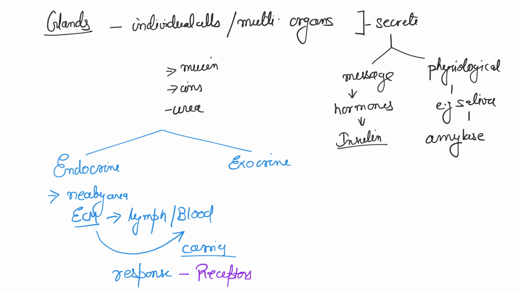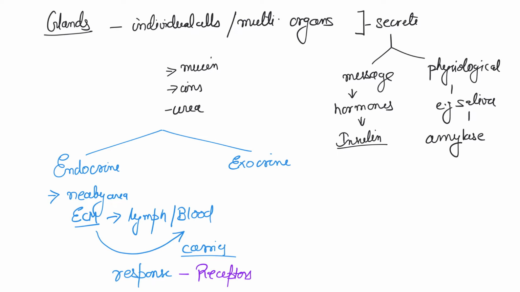So endocrine glands give secretions which are usually messages. These messages get carried via blood to all the places of the body, but the response is shown only at a place where you have receptors that will read the message and act accordingly.